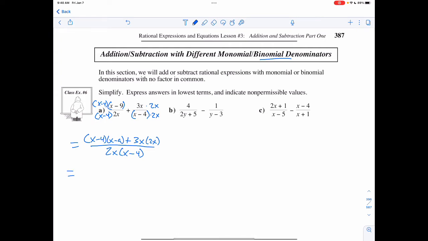I'm going to expand it out, and I'm going to wind up getting x squared minus 13x plus 36 plus 6x squareds in the numerator. And I'm still going to leave the denominator factored down, because I might need to simplify once it's all done.